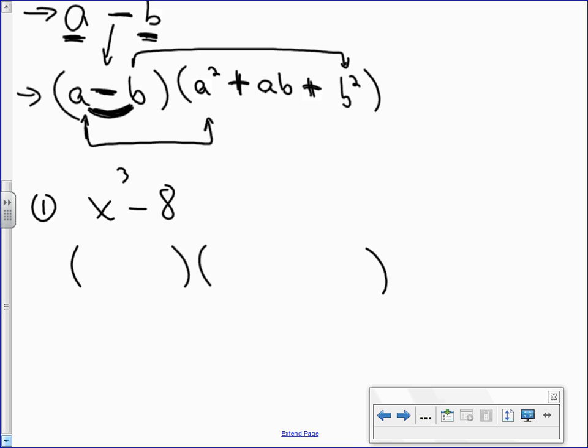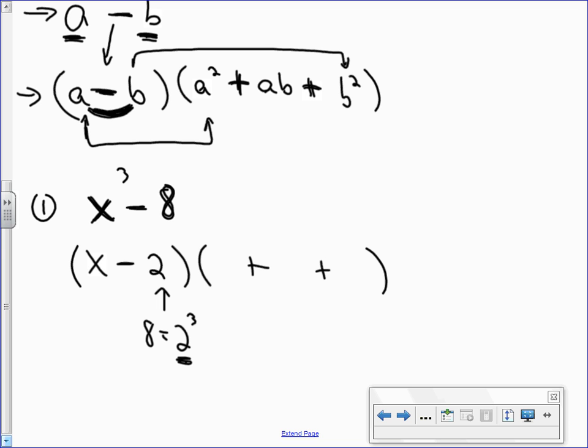I like to get my signs in first so I don't forget them. If this is a minus, this is a minus, and the other 2 are plus. Okay? You need your bases here. This base right here is x. This base is not 8, even though that number is 8. You have to think of that 8 as a 2 cubed, and the base you're going to use is 2, not 8. All right?